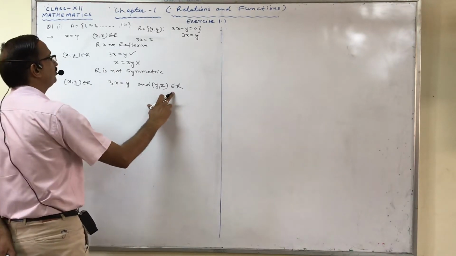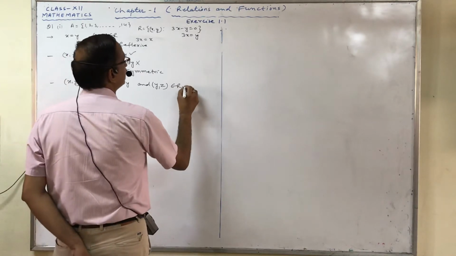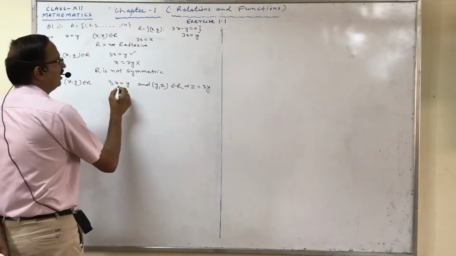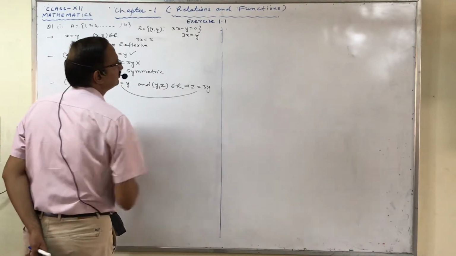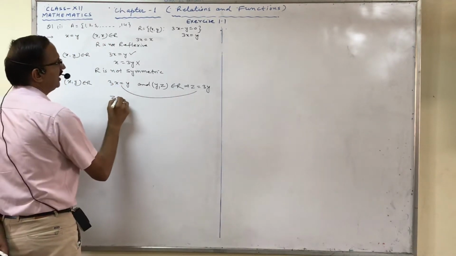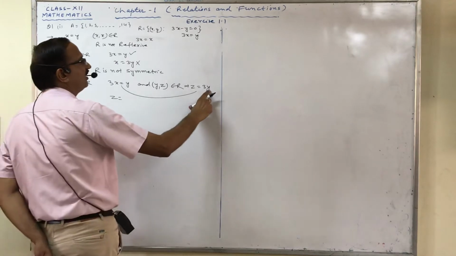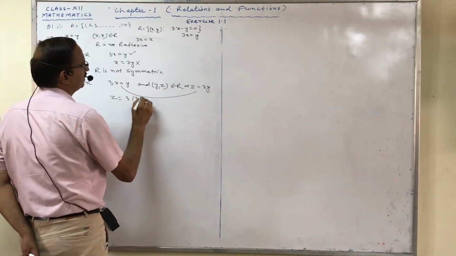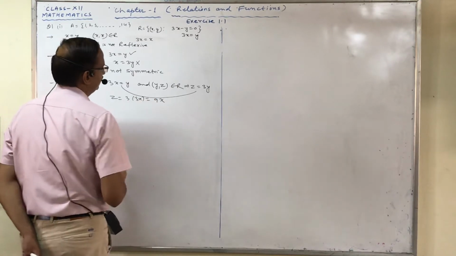If (y, z) belongs to R, then we will write z = 3y. Now from this and this, we will write z equals, putting the value of y from this, 3 into 3x, that is 9x.